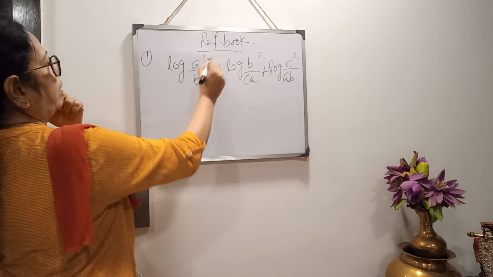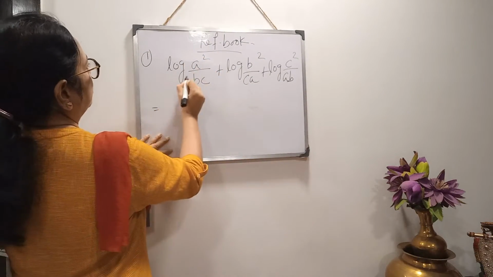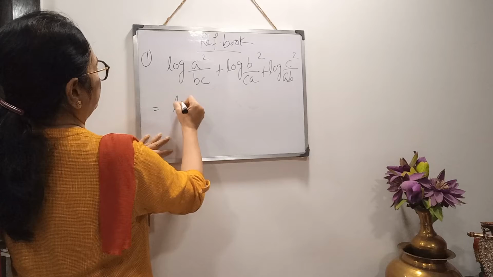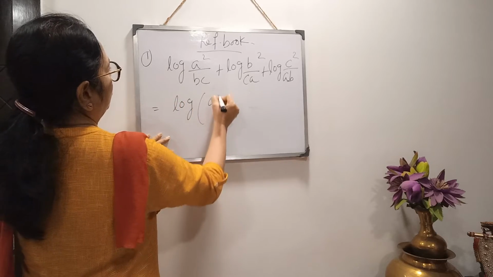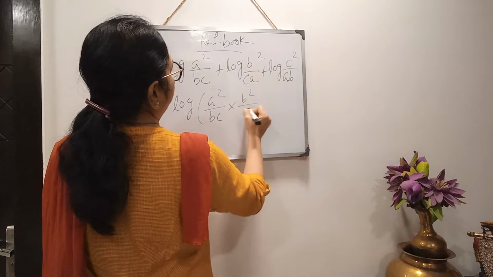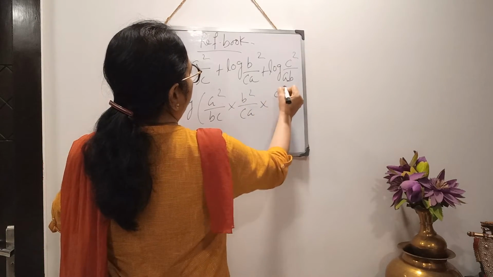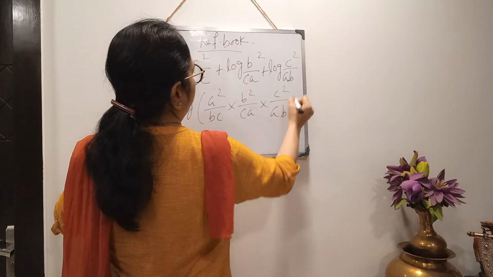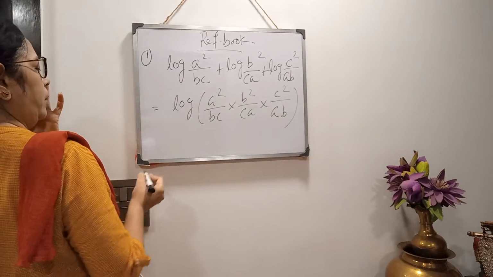That is the multiplication property. As it is a sum, I can write in this form: a square by bc into b square by ca into c square by ab.